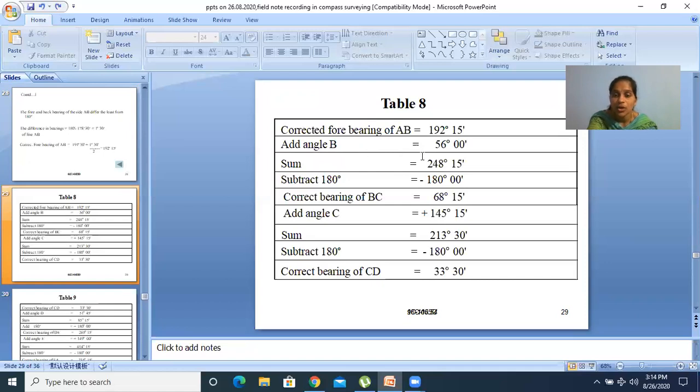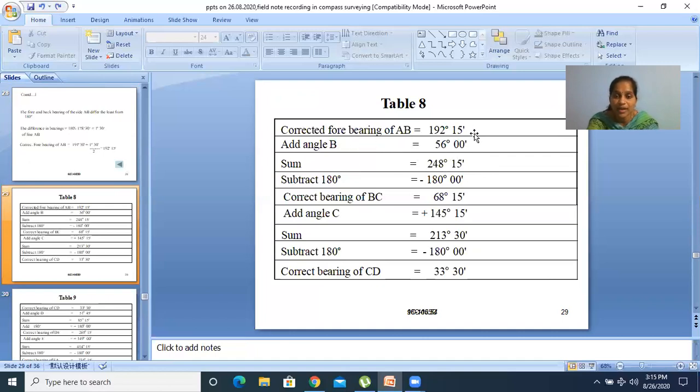If you want to calculate the bearing of the next line, add the angle to the previous line's bearing to get the sum. If that sum is greater than 180, deduct 180 from it; if it is less than 180, add 180 to that sum. In that process we calculate the correct bearings of all the lines from the correct angles.